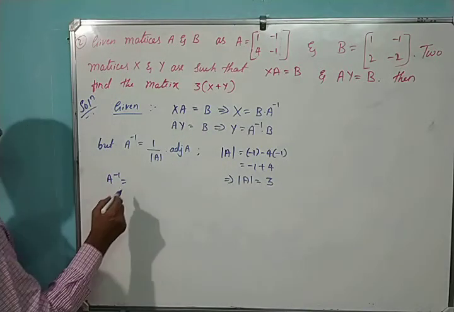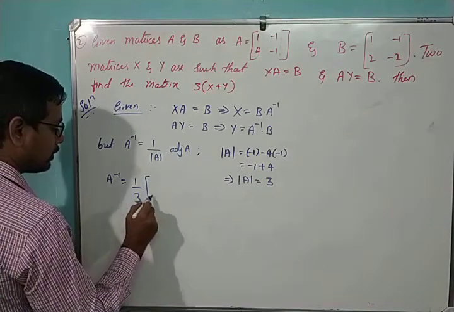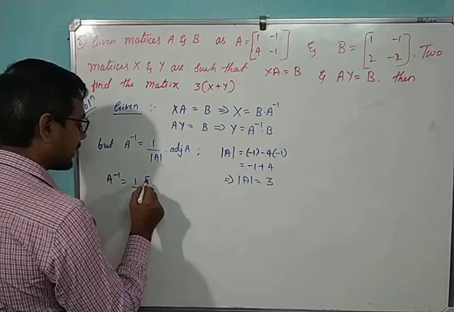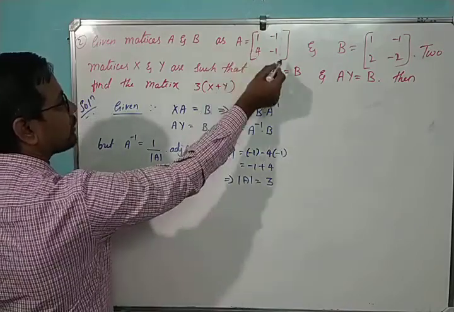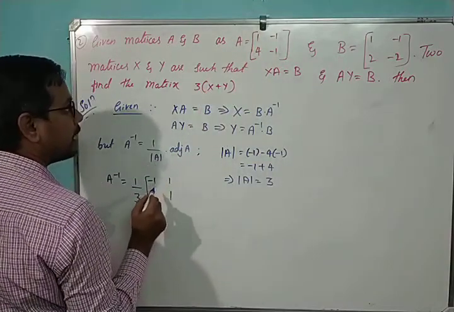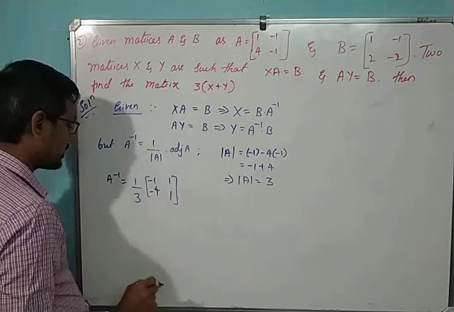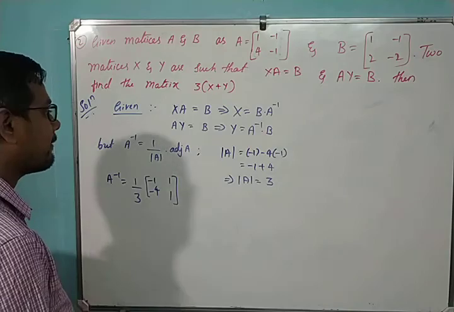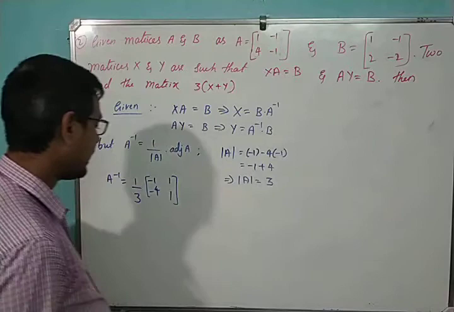So A inverse is equal to 1 upon 3 into adjoint A. Adjoint A is obtained by interchanging the principal diagonal elements and reversing the sign of the others, giving minus 1, 1, minus 4, 1. This is our A inverse. Once we have our A inverse, we can calculate X and we can calculate Y.